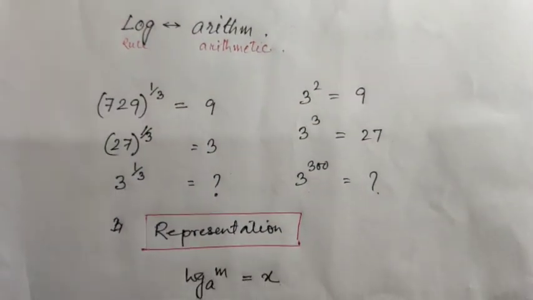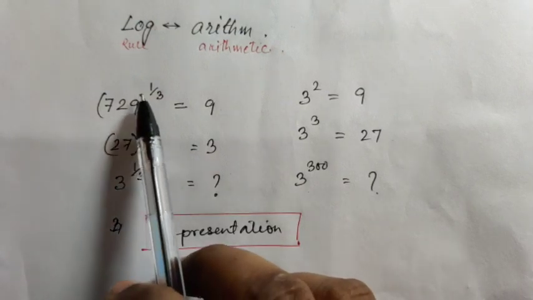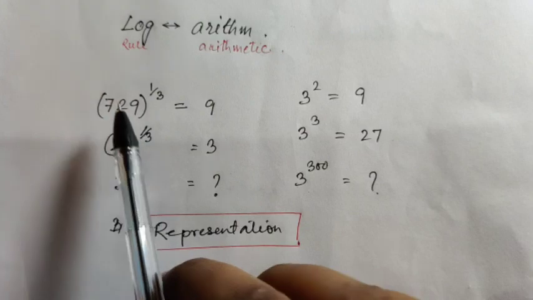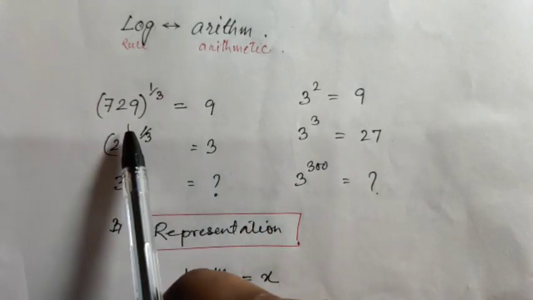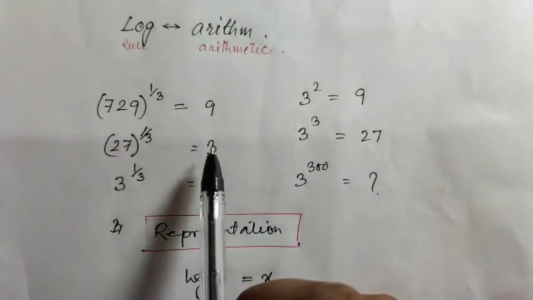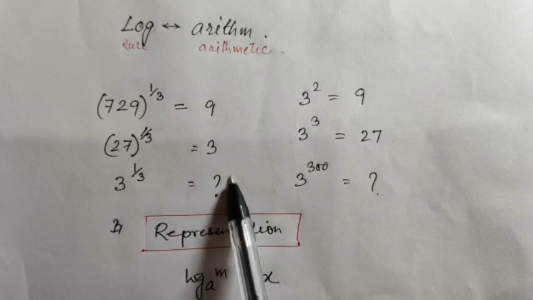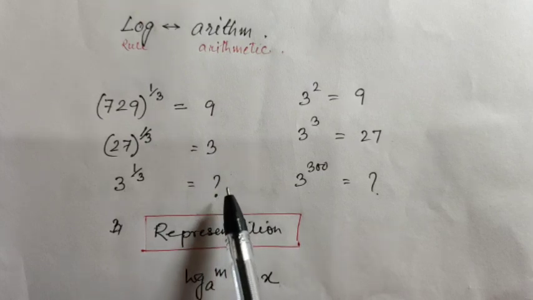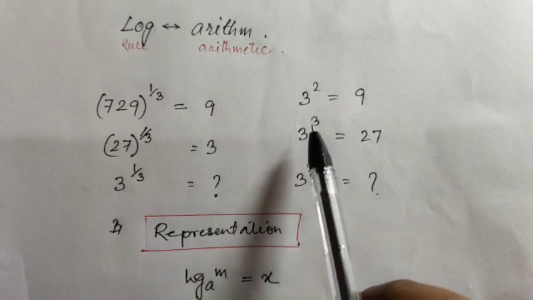Let us see here. If I ask you what will be the cube root of 729, you will easily say it is 9, and cube root of 27, again you will say it is 3. If I say what will be the cube root of 3, then there comes a question mark, so you will not be able to find the answer easily or in one go.